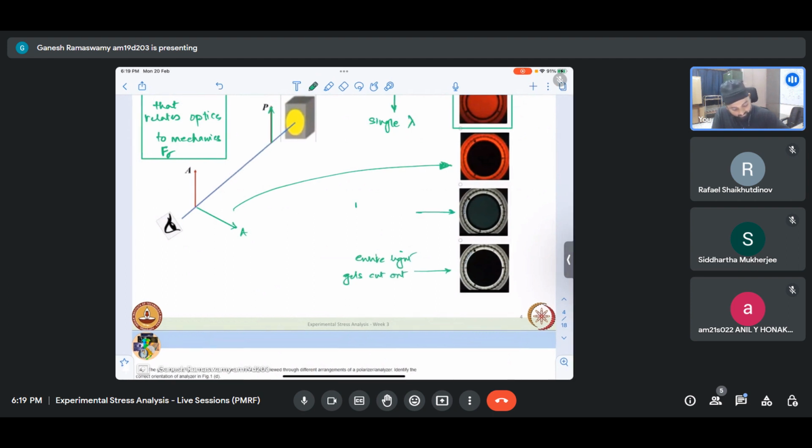This is a case where there is some partial white light that transmits.